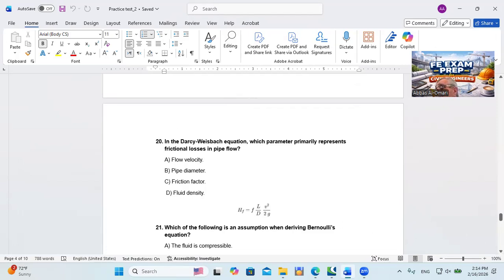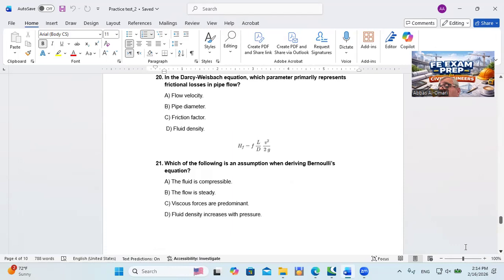The next question: which of the following is an assumption when deriving the Bernoulli equation? The Bernoulli equation is applicable to steady, incompressible, inviscid flow. So the flow should be steady, incompressible, and inviscid.